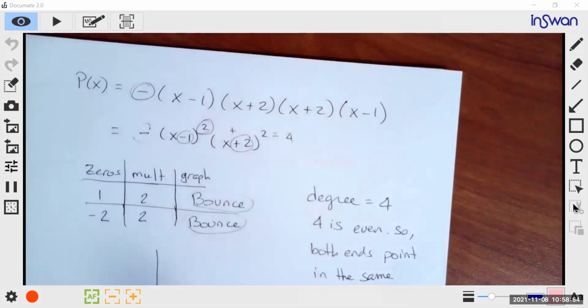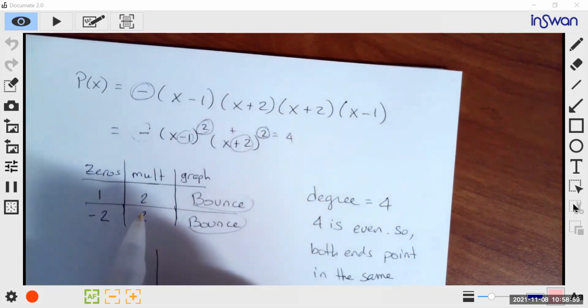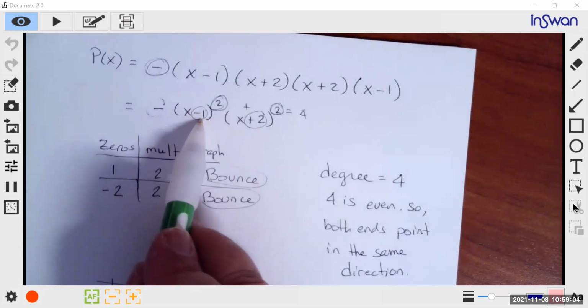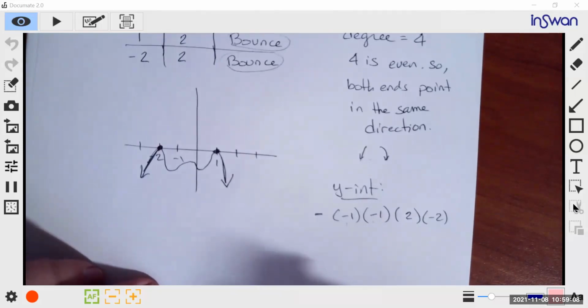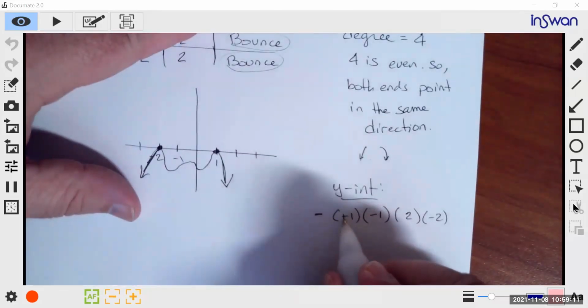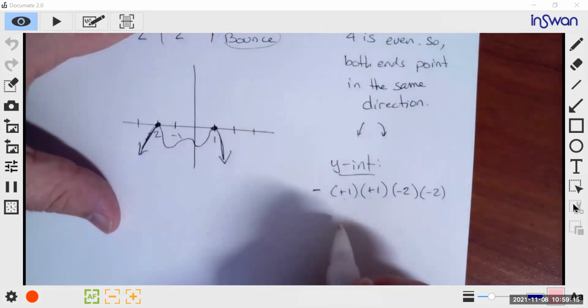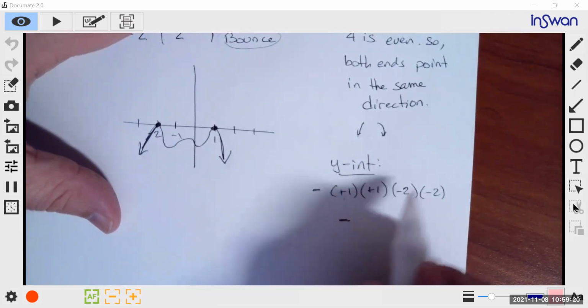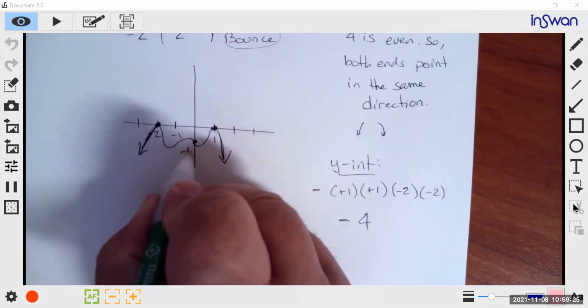Because we have 2 -1s, we have 2 +2s, that's multiplicities, and we have a negative in front. So I'm sorry, it's going to be +1, negative. Yeah. Since we have 3 negatives, the answer would be negative. 1 times 1 is 1, times 2 is 2. So our y-intercept is at -4.